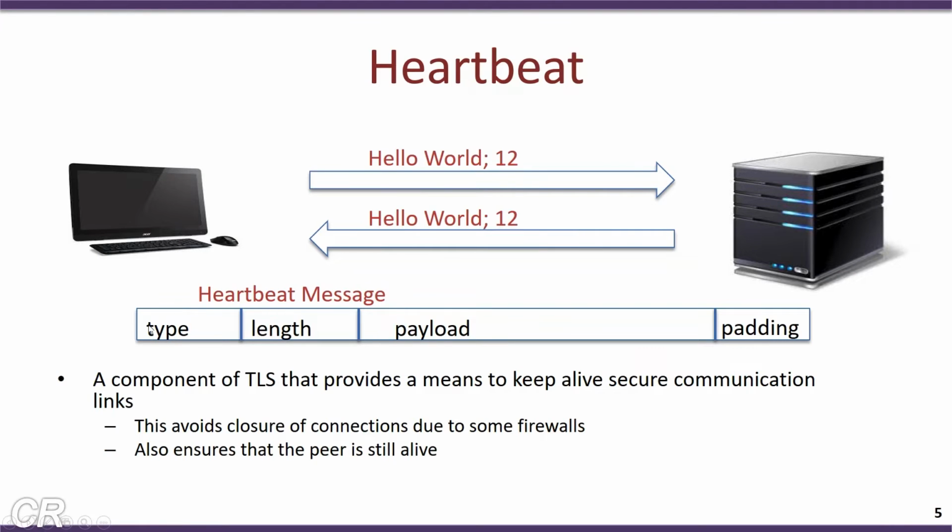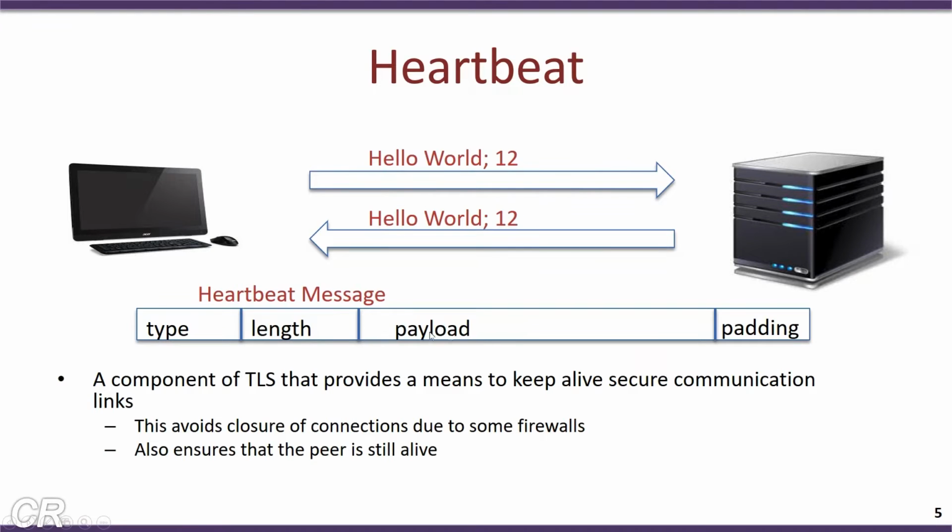So it comprised of a 1 byte type over here, which essentially specified that this particular message was the Heartbeat message. Second, it had 2 bytes to specify the length of the payload. Therefore, since it's 2 bytes, the payload could be anything from 1 byte ranging to 2 power 16 minus 1 bytes.